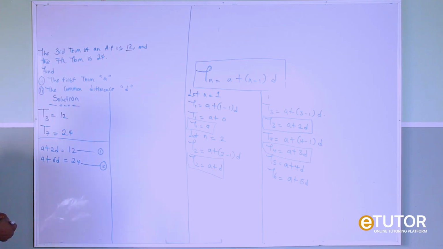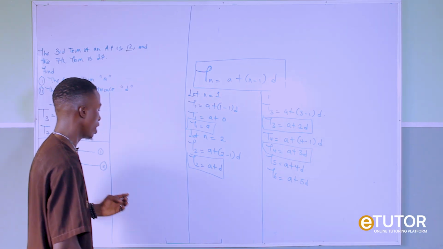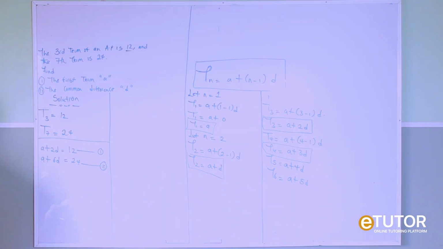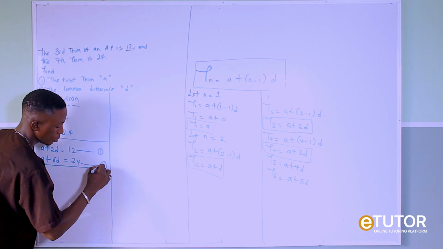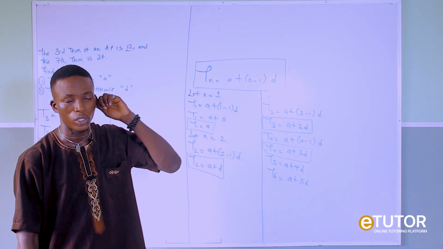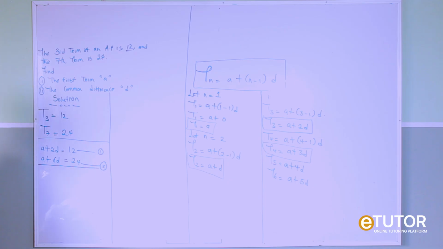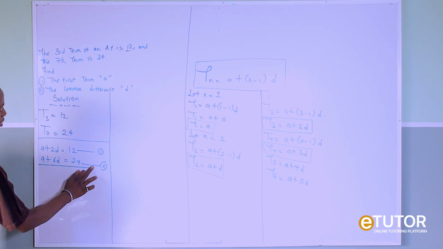I mentioned earlier that this would lead to a simultaneous equation, and it has led to that here. So we have to solve this by the method of elimination. You can check out our previous videos on simultaneous equations to learn how to eliminate or substitute. But for this question, we are going to eliminate because it's faster and smarter.